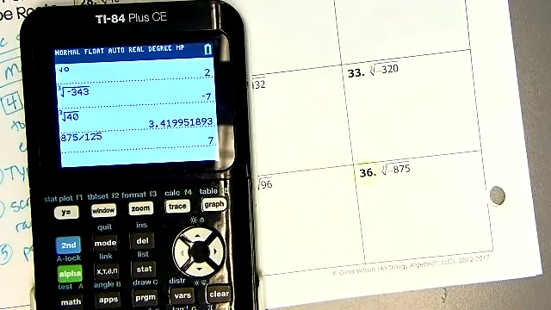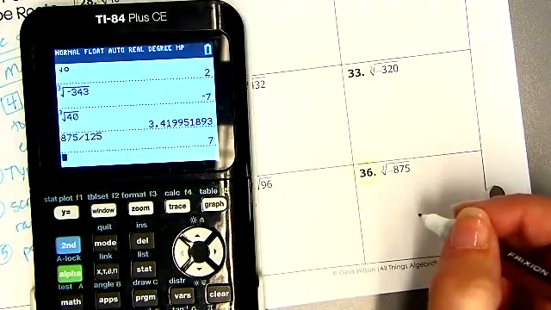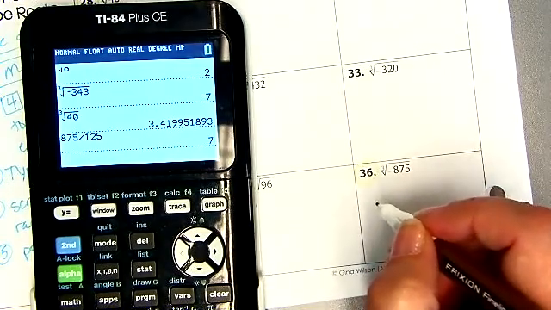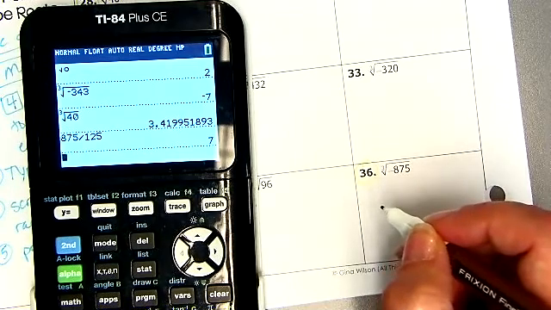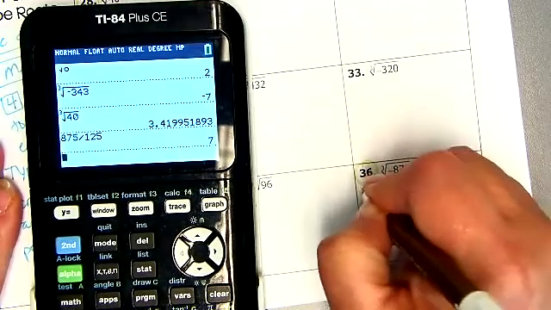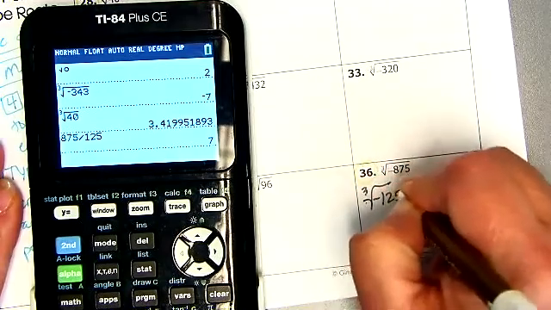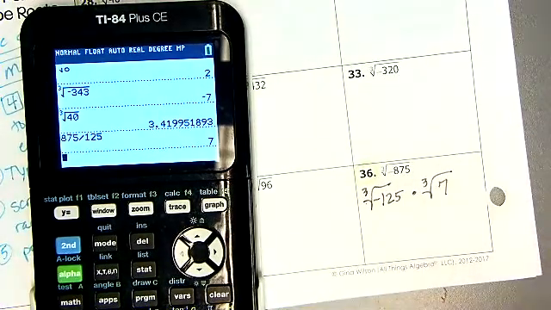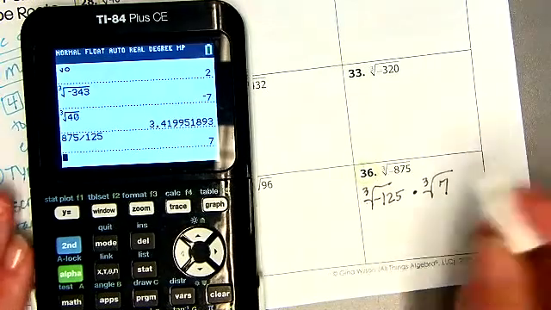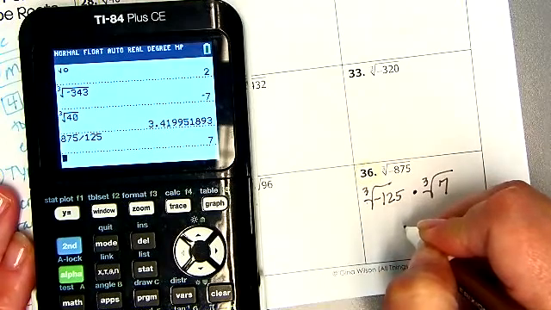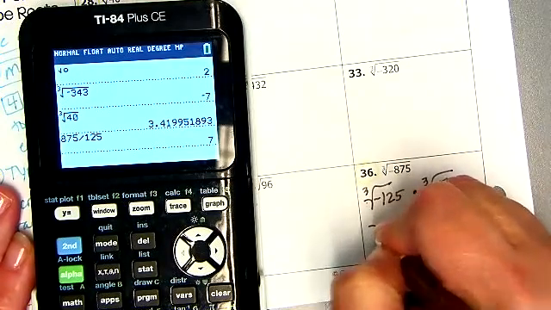I want the negative on the 125, because that's a cubed root and I want as much to come out of the radical as I can get. So we're going to do the cubed root of -125 times the cubed root of +7, because remember, it's one positive, one negative to get to -875.